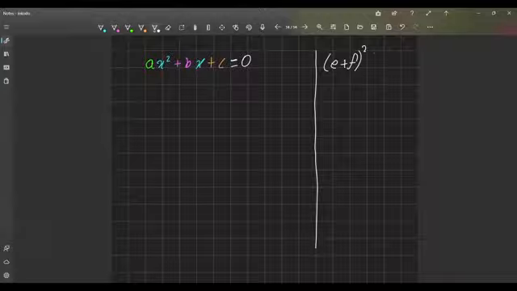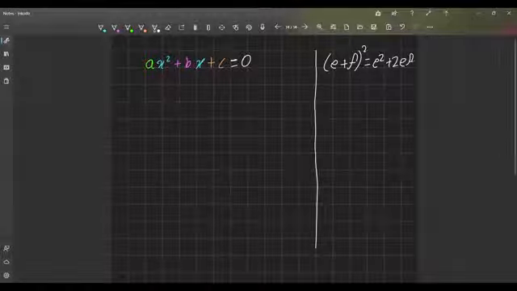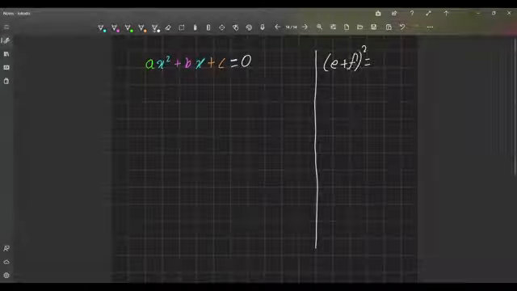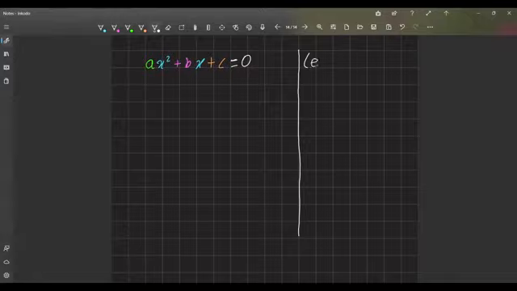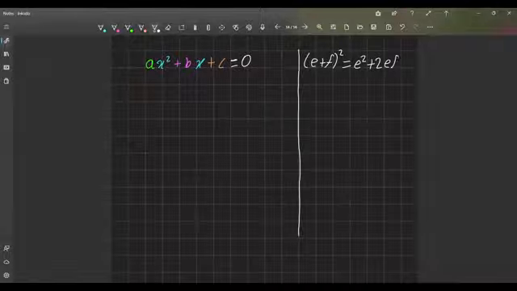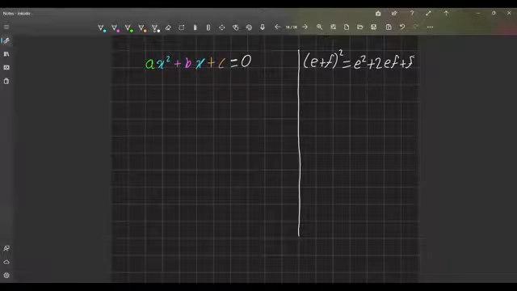So if we have (e + f)², it is equal to e² + 2ef + f².